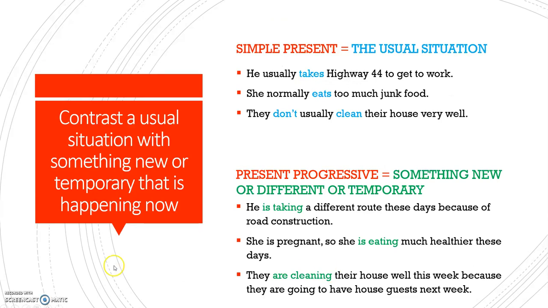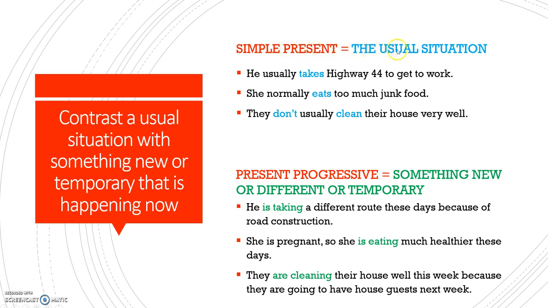Okay, so the basic contrast is that we are looking at either a usual situation or something new or temporary that's happening now. Again, you can compare the example on the top and the example on the bottom.